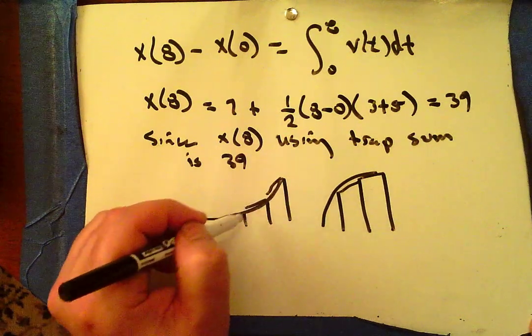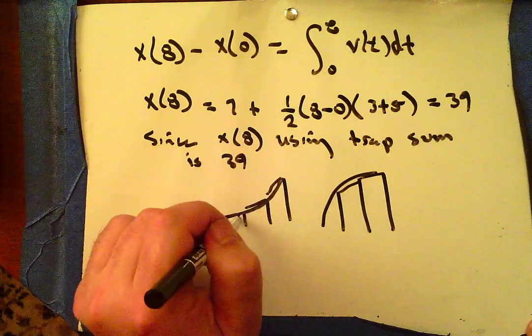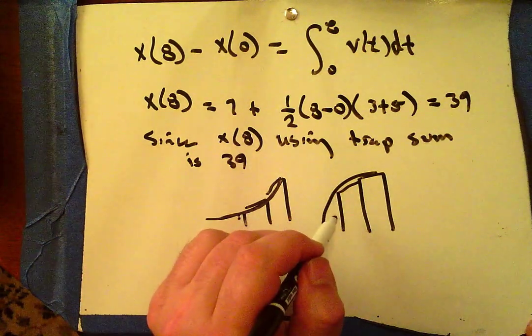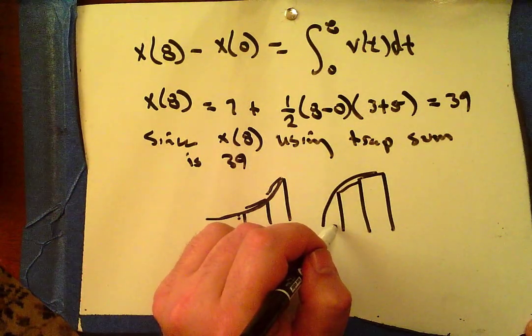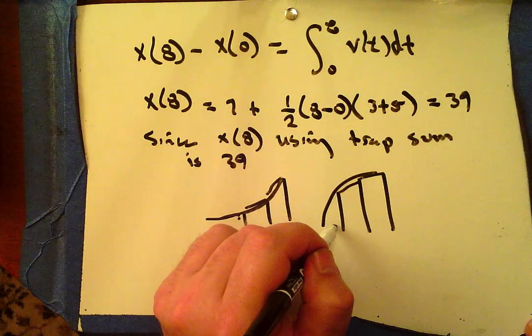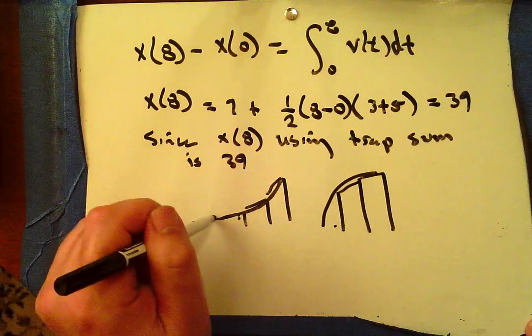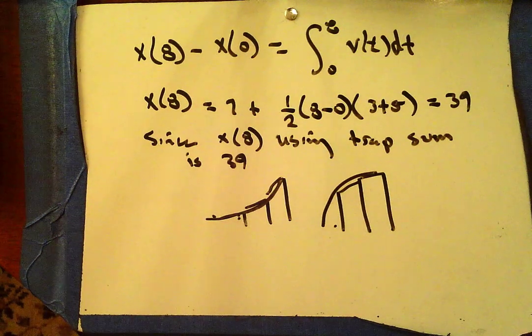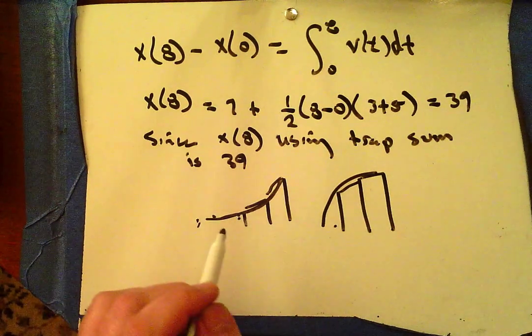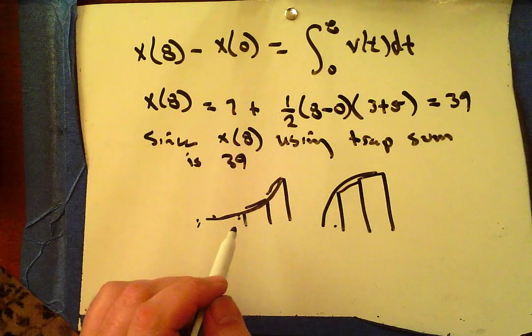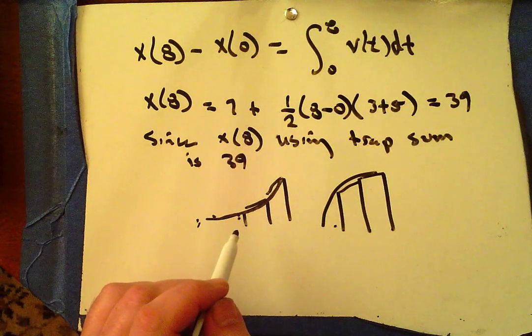In the concave up case, my trapezoid sum would be an overestimate. But in a concave down case, my trapezoid sum would be an underestimate. Acceleration is positive. That means this one. I don't like that. Okay, so let's see.